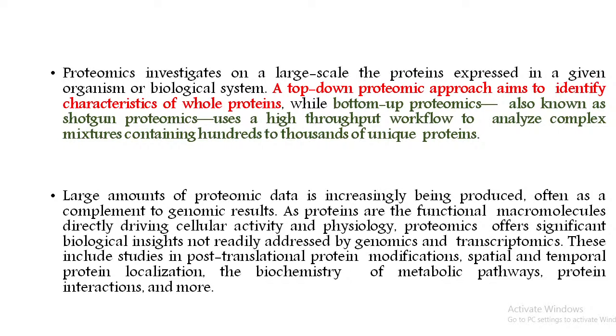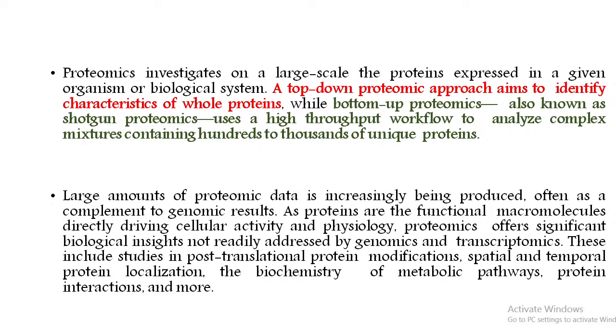Whatever the nucleic acid is present in our body, different types of proteins will form according to the nucleic acid. If nucleic acid is not present, that protein will not be expressed in our body. So proteomics investigates on a large scale of proteins expressed in a given organism or biological system.